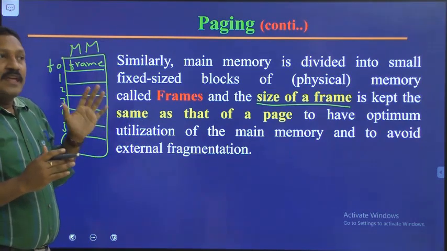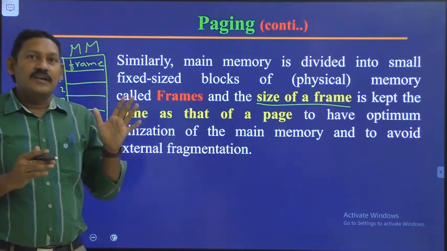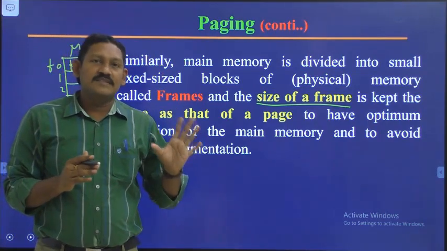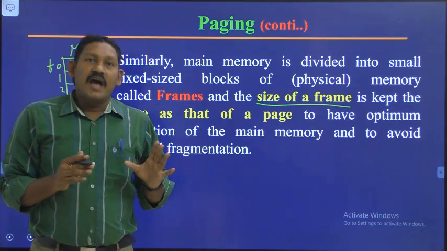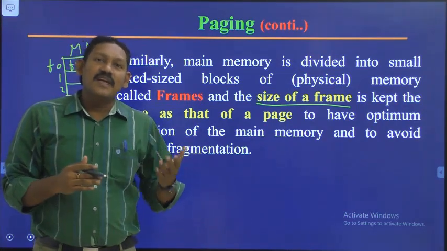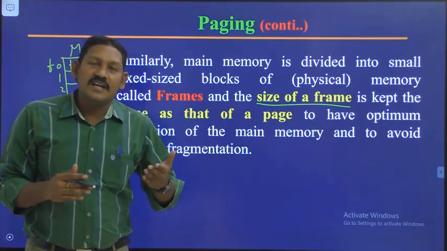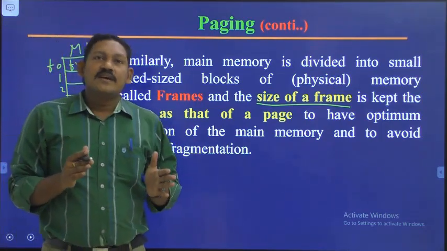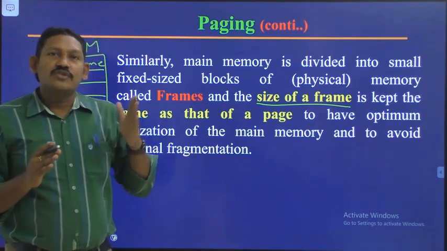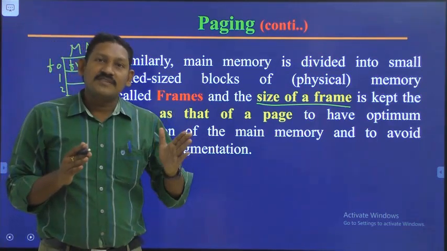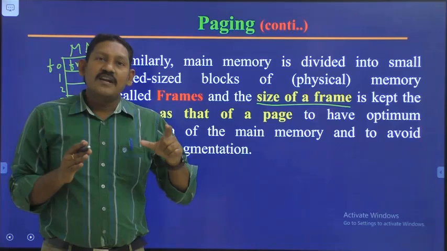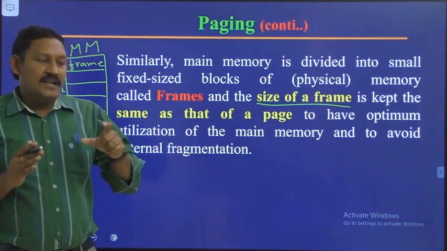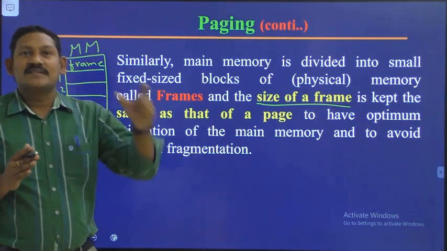Because if a process P1 is split into 6 pages, the reason we divide a process into pages is this: if we want to execute a particular process and the process is large in size, then it is very difficult to copy or send the entire process into the main memory.